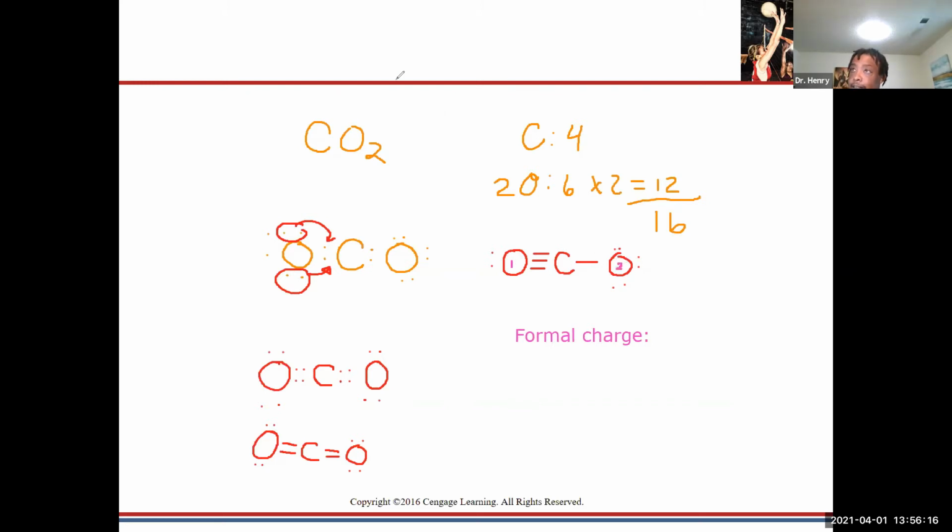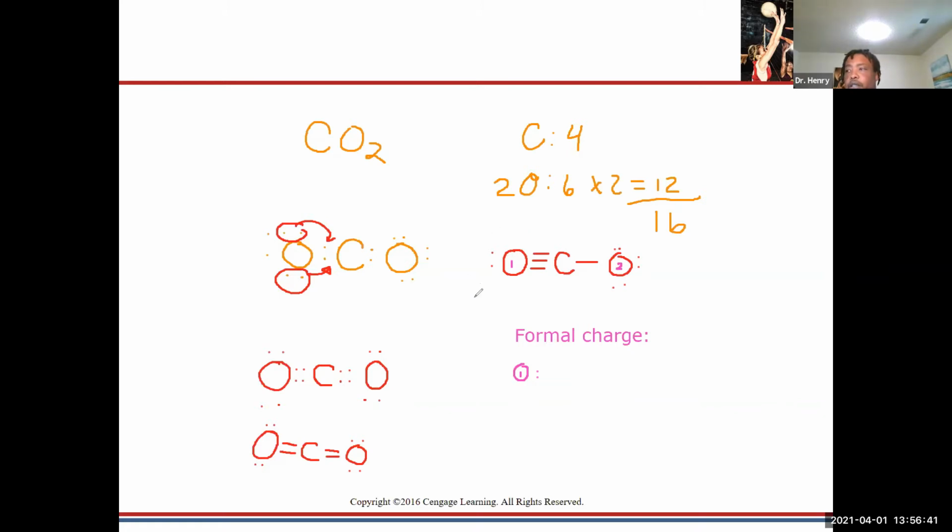Okay. So for O1, what is going to be the formal charge? So how do I calculate formal charges again? Valence electrons minus lone pair electrons, and then minus the number of bonds. Okay. So valence electrons minus lone pair electrons minus the number of bonds.